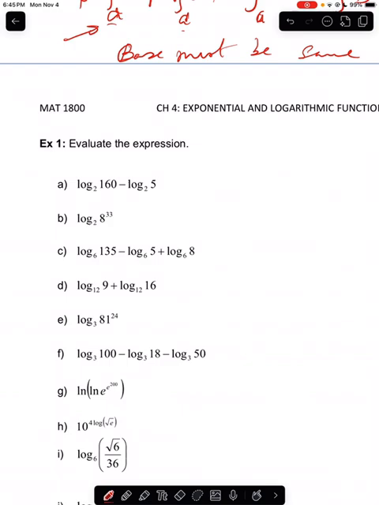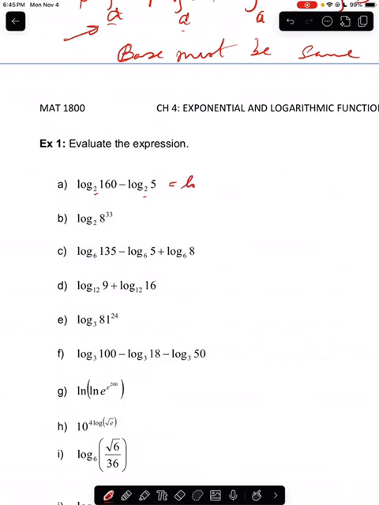So for example, when we come to the first part, part A, the base is 2, so we are good, we can apply the laws of logarithm. The log terms are being subtracted. So what will we get? Which law will be applied? The quotient law.